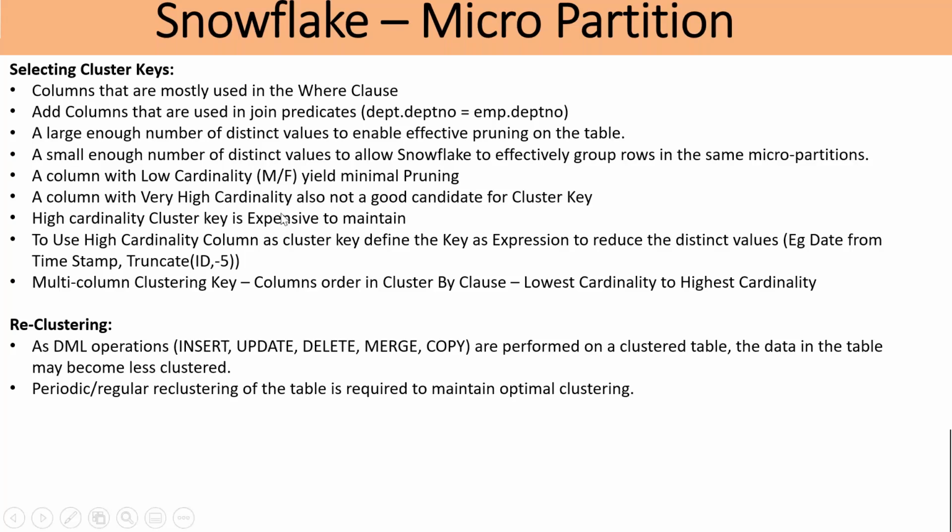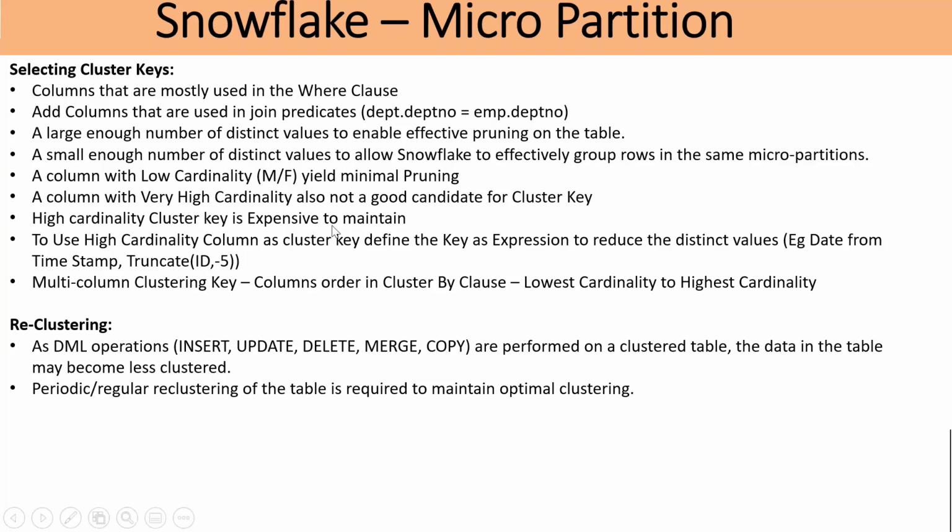A column with high cardinality is also not a good candidate for cluster keys. High cardinality means a primary key is not a good candidate, because high cardinality clustering is expensive to maintain.